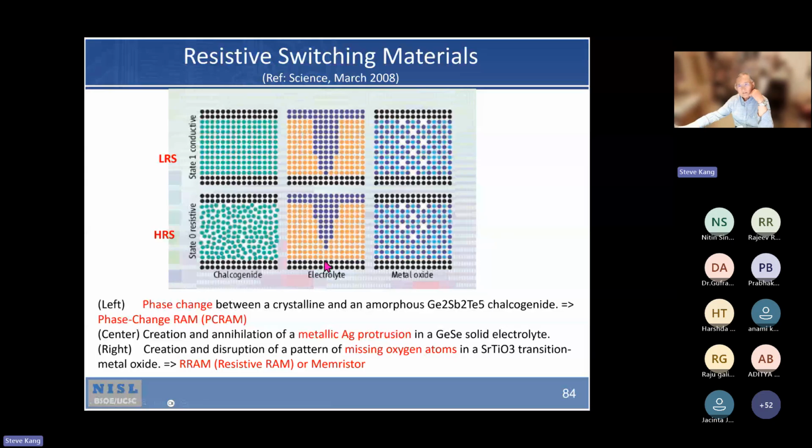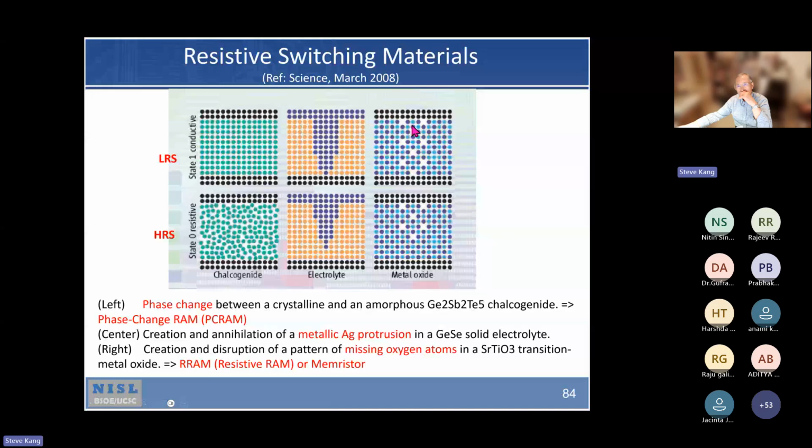Metal oxide case, like the HP case, when there is oxygen vacancy indicated by the white region all the way, then there's a low resistance state, right? And when there is a gap here, see, white is limited here. So this is like a W. W is less than 1, it's a high resistance state.